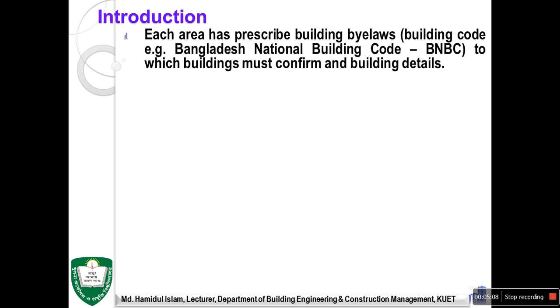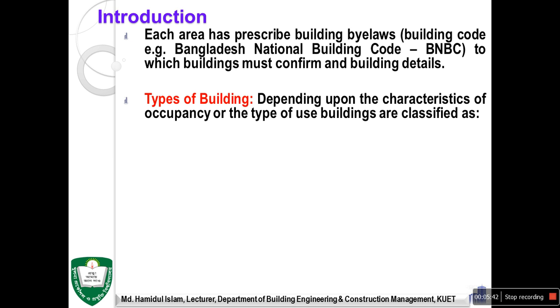That means in a specific area, building construction may depend on specific characteristics: height of the building, width of the building, foundation details, height of door, window, opening space, floor space, open space ratio, and every factor may be considered by building bylaws, which is called building code.